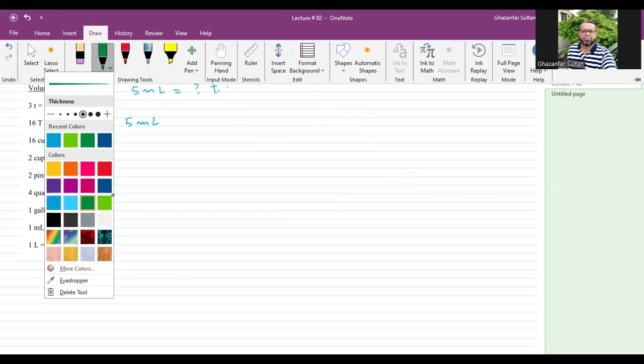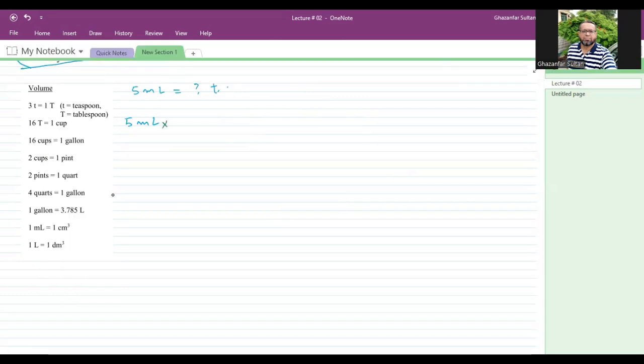For example, milliliter, and from the metric prefixes, milli means 1/1000. So milliliter here and liter here. 1 liter is equal to how many milliliters?